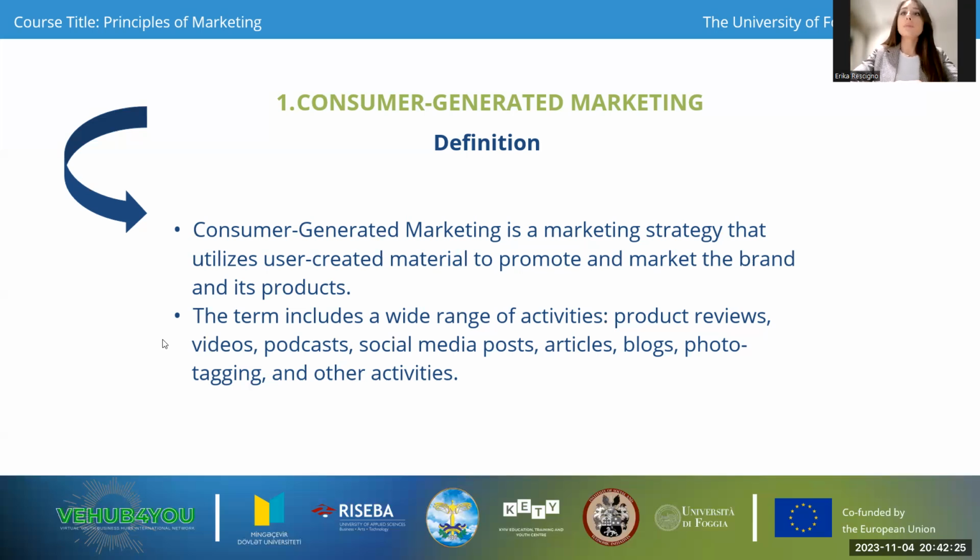Then we have shoppable Instagram galleries. The shoppable Instagram galleries show how others are using the products in real life, and this is without a question one of the most powerful types of consumer-generated marketing. Then we have hashtag campaigns.